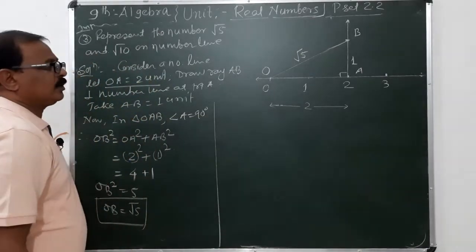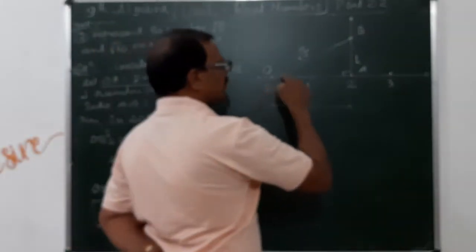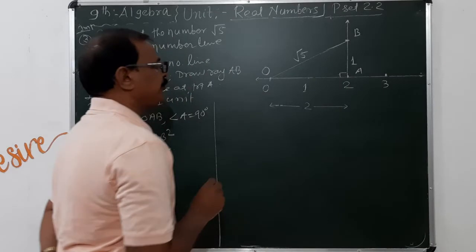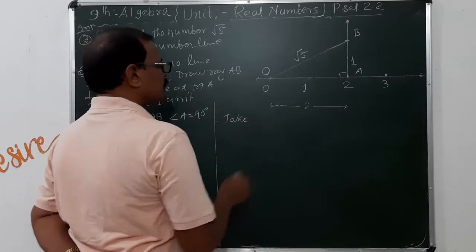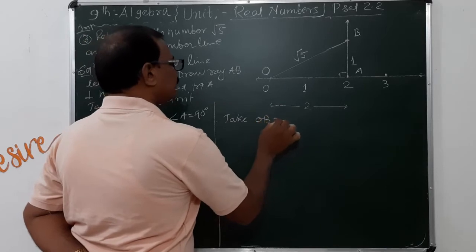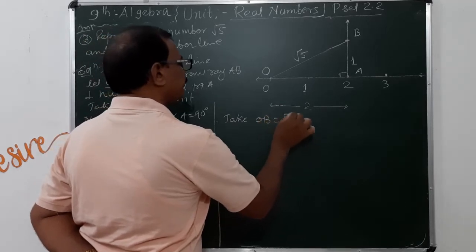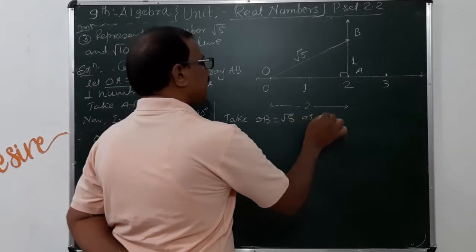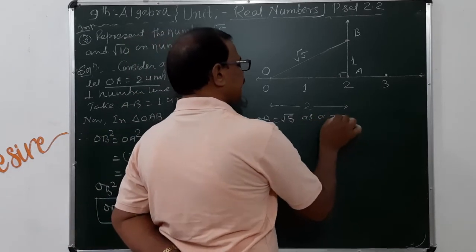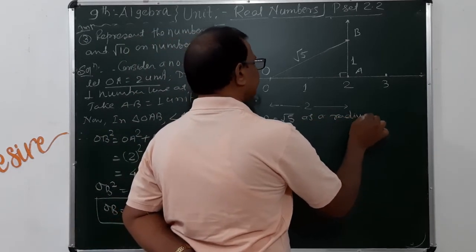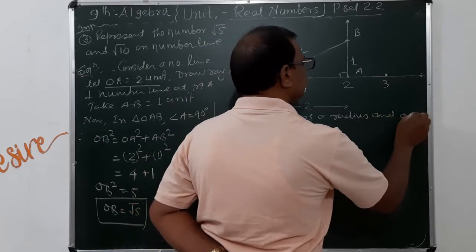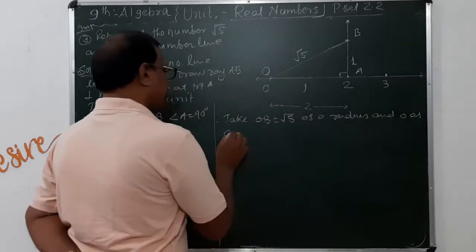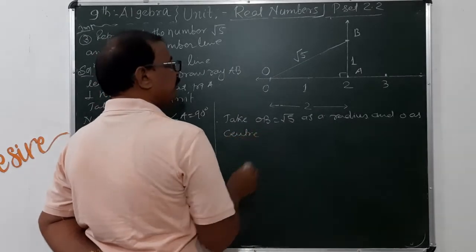Now, to show the number root 5 on a number line, what to do? Take OB, which is equal to root 5, as a radius, and O as the center.